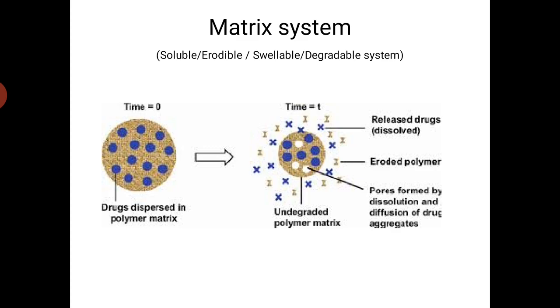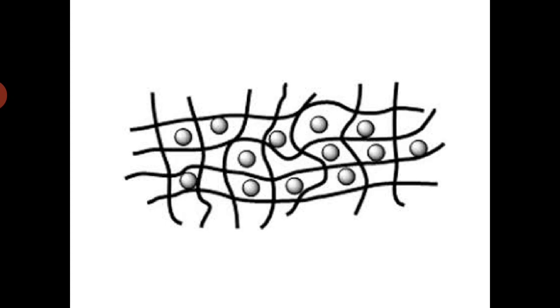And you can see, once the drug molecule is released, it leaves a pore inside this matrix system, and when the polymer erodes also, it leaves some pores or space in the polymer matrix system. So this way the drug molecule releases out of the delivery system in case of a matrix system.